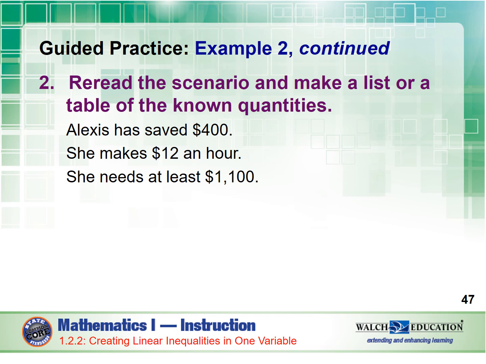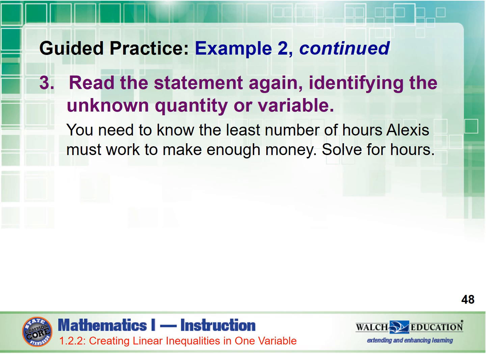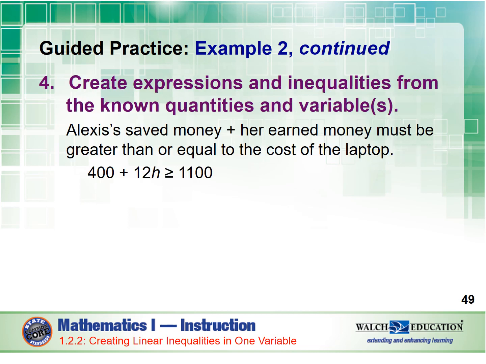She has saved $400. She makes $12 an hour, and she needs at least $1,100. Okay, we're going to read it again. Identifying the unknown quantity or variable: you need to know the least number of hours Alexis must work to make enough money. So we are solving for hours in this case.